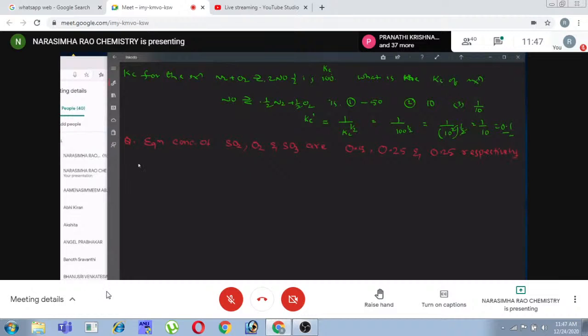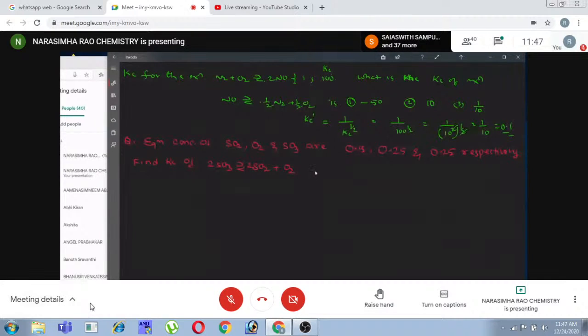Right, children. Find Kc of 2SO3 in equilibrium with 2SO2 plus O2.